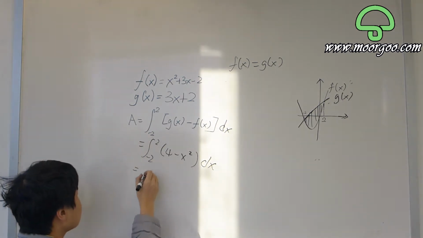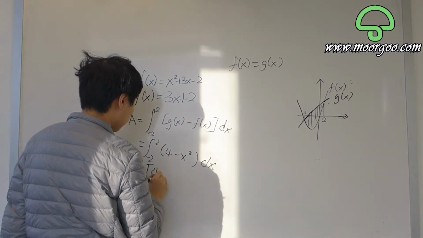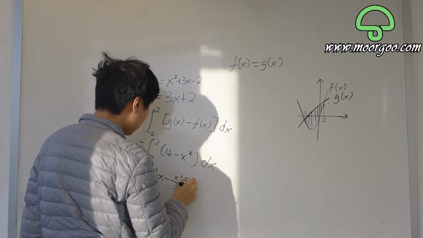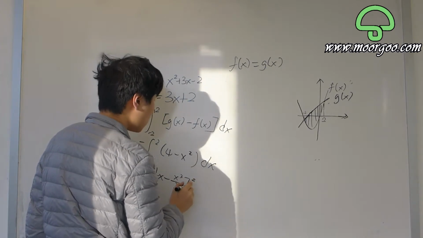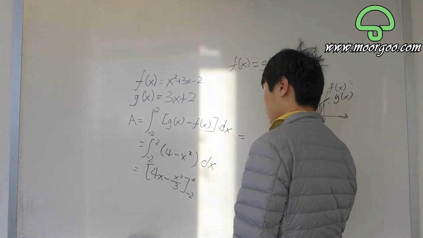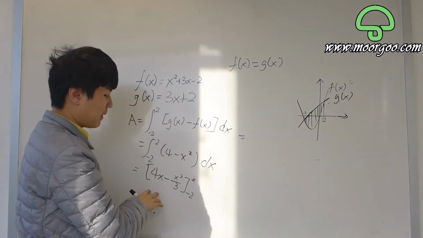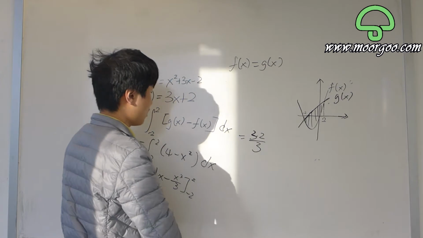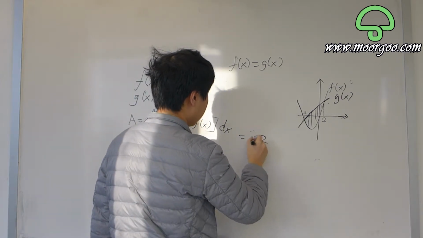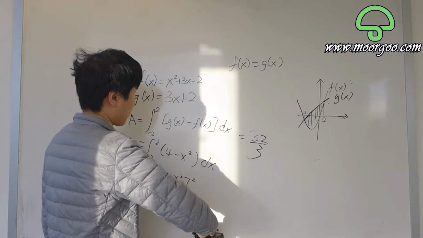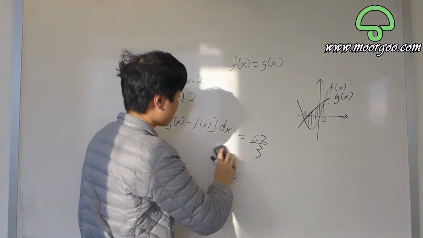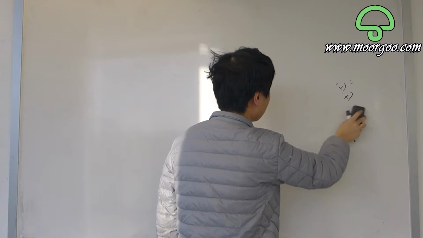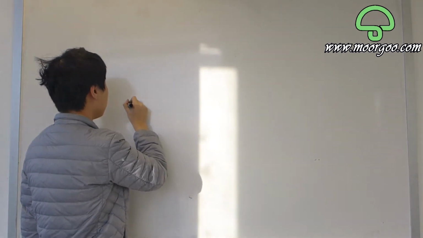Now this is quite easy. Okay, you can do this by yourself, and I'll give out the answer. 32/3. So what if we want to use polar coordinates?